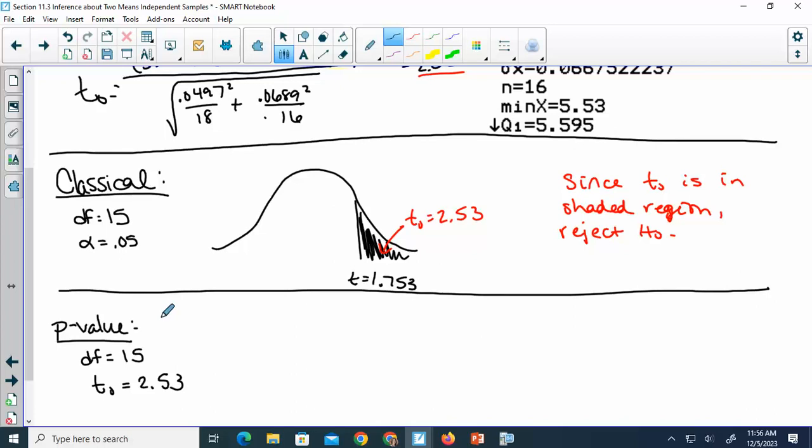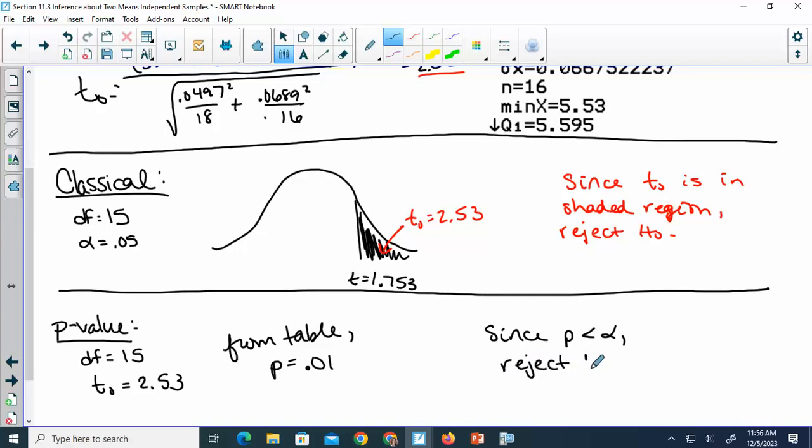Now we're very limited, so what's the closest we can get to 2.53? 2.602, and if you look up, that corresponds to a probability of 0.01. So we use the table, get a probability of 0.01, compare that to alpha. Since p is less than alpha, we reject.